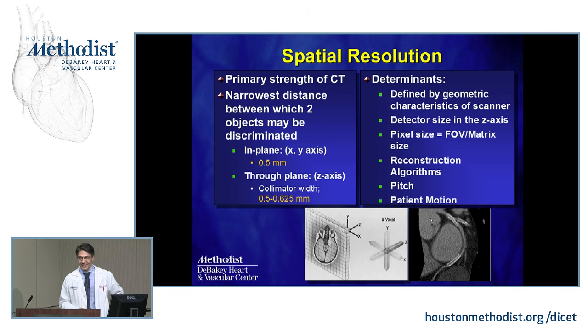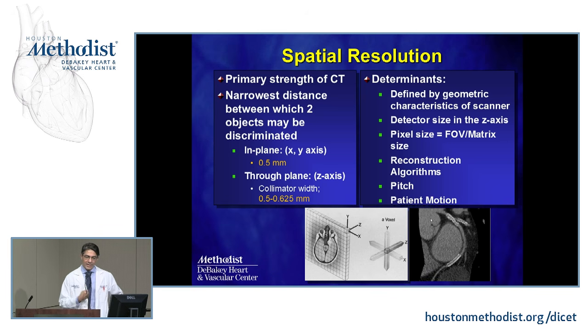And wait, I have a slide for that one too. Our spatial resolution in the in-plane direction is down to 0.5 millimeters. What's important for you to know is this is completely defined by the geometric characteristics of the scanner, with the different vendors; there's nothing that we can control.